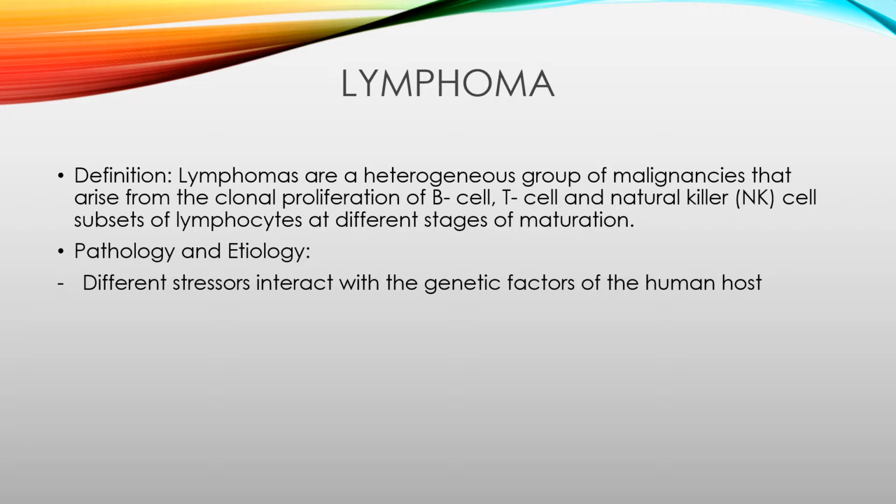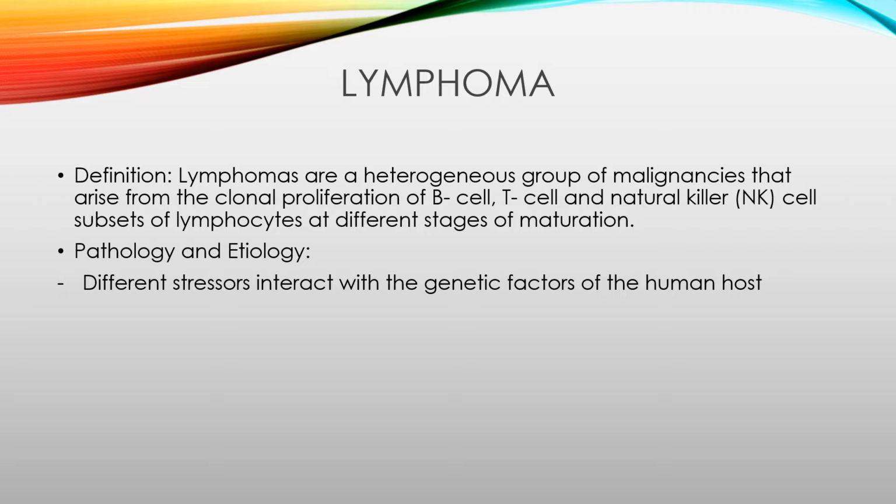Immunodeficiency includes HIV infection, transplant recipients, and those with genetic immunodeficiency disorders. Drugs. Tumor necrosis factor alpha inhibitors are associated in particular with T-cell lymphoma. Chronic immunosuppression, as mentioned before, in post-transplant patients of both solid organ transplant and bone marrow increases the risk of lymphoma.